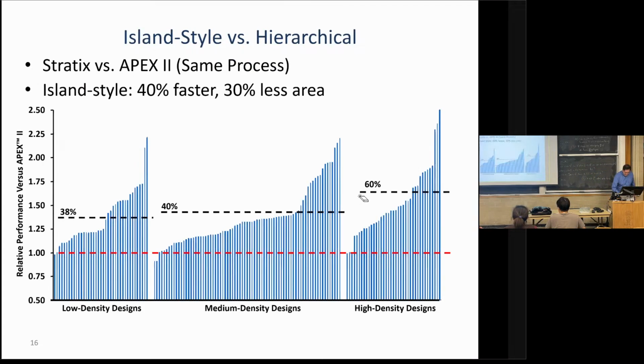Okay, let me show you one thing. This is the only data I know of that's like this. Stratix was the architecture that came out of the acquisition of RightTrack, a startup that I created to commercialize my PhD research. We were redesigning Altera's CAD tools, and we convinced them we should redesign their chips too. So it was a big change. They had always done various types of hierarchical FPGAs.